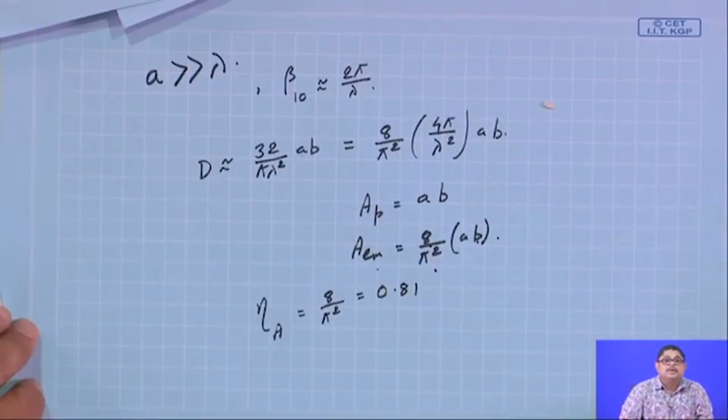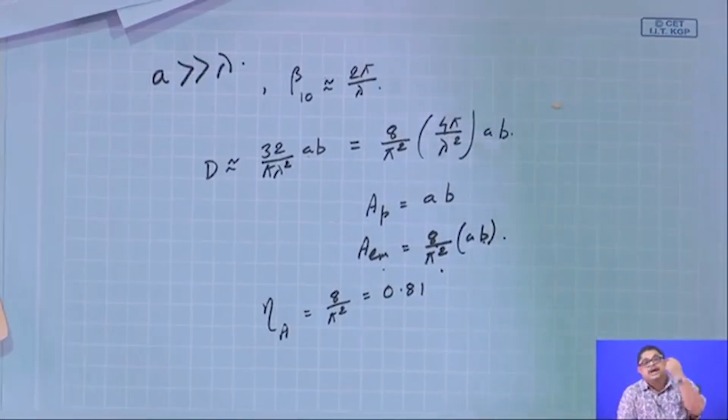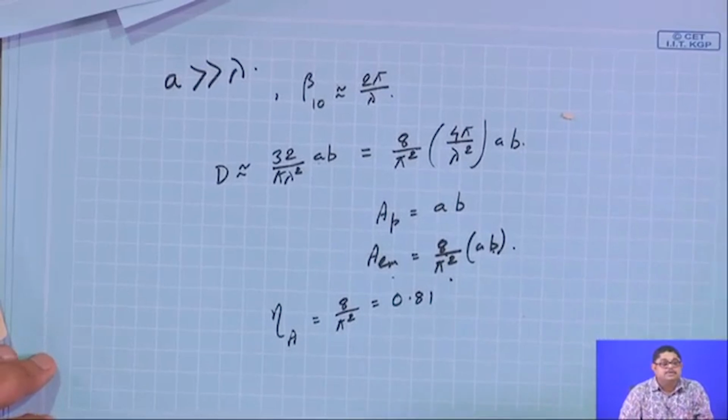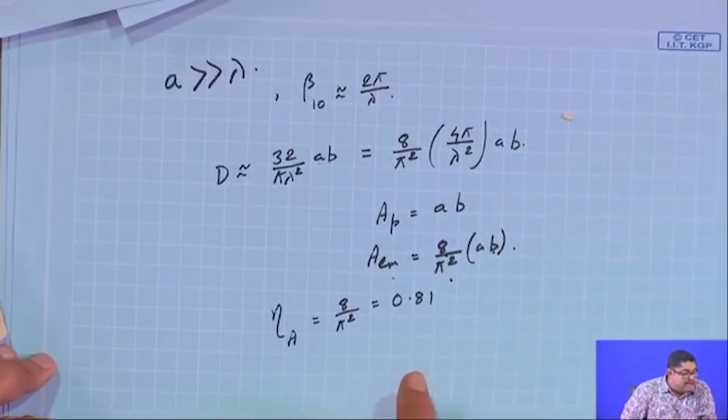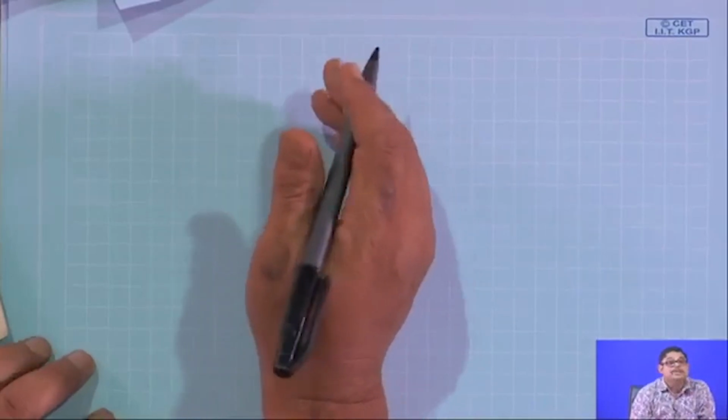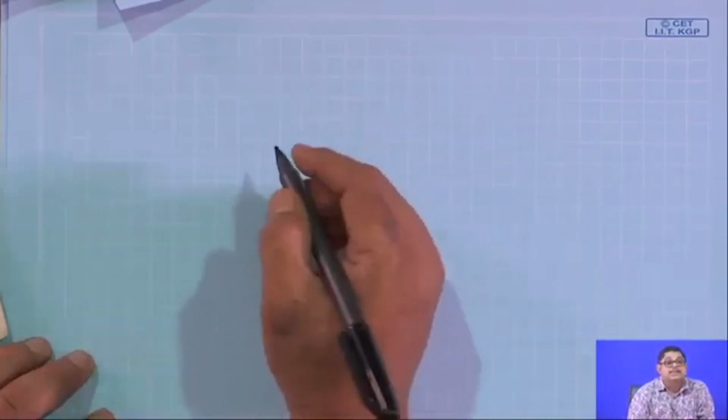Now, please remember that if we do not have the ground plane, then we can also analyze this open-ended waveguide or any antenna. Only there we will not have the help, because here we have only magnetic current, while there we will have to consider both the magnetic current and the electric current.